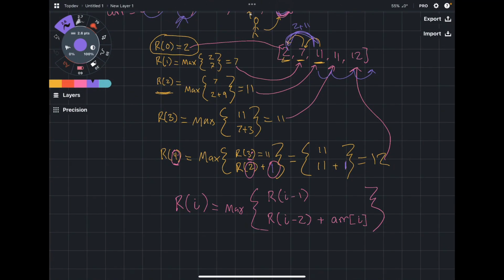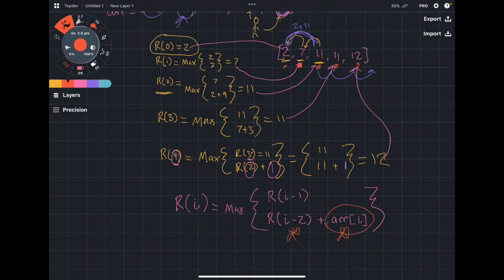Each of these numbers is carrying over, where we had the 2 and the 7, which was our base case, and then we just kept adding to it, the previous numbers in the array.